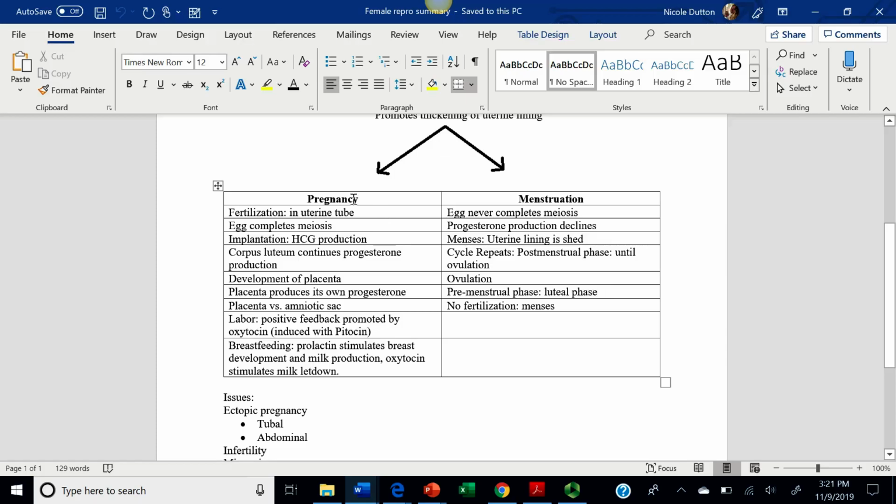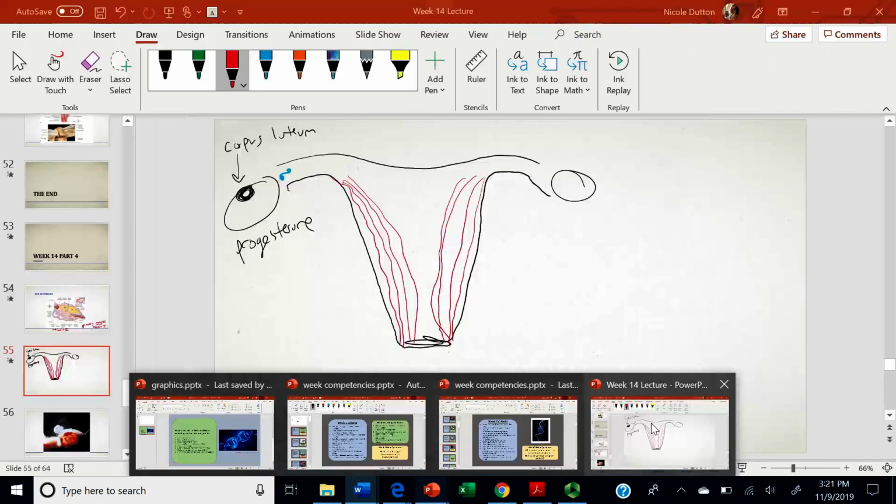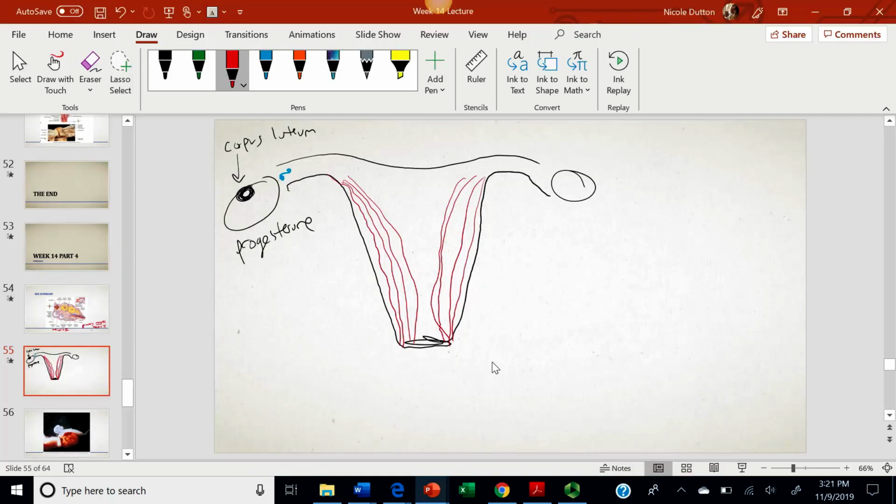But let's say there is a pregnancy event. In order to get pregnant, sperm is going to have to travel up through the cervix, so from the vagina, and it could have been stored in the fornix of the vagina, but the sperm is going to have to travel all the way up, travel into the uterine tube or fallopian tube, and fertilize the egg in the first third of the fallopian tube.